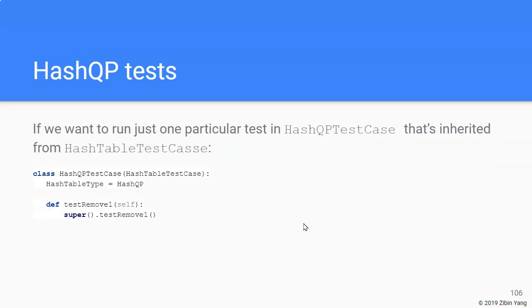One more thing that I'd like to mention is that by inheriting the test case this way, it's easy to run every test that was in the hash table test case.